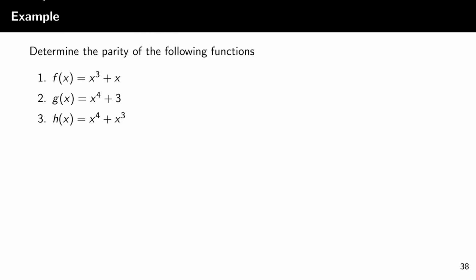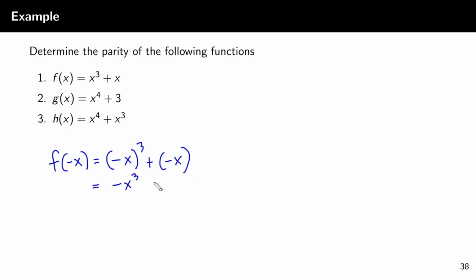So let's start with x cubed plus x. So f of negative x is equal to negative x cubed plus negative x. Quantity negative x cubed is just negative x cubed.